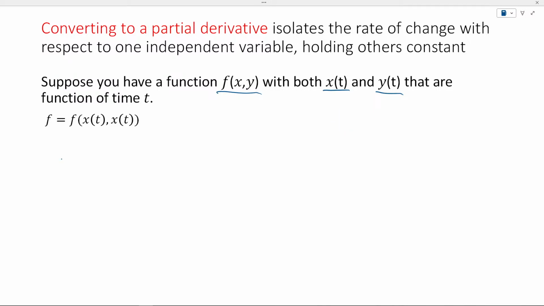Here, I can just express that as the total derivative, df with respect to dt, something like this. The total derivative with respect to t can be expressed in terms of the partial derivatives with respect to this guy, and sorry, here this is y. Yeah, this is a mistake.